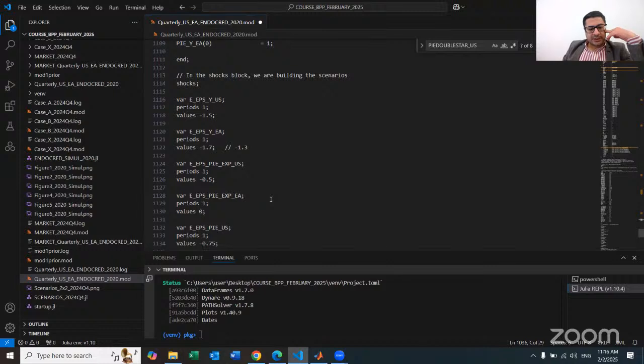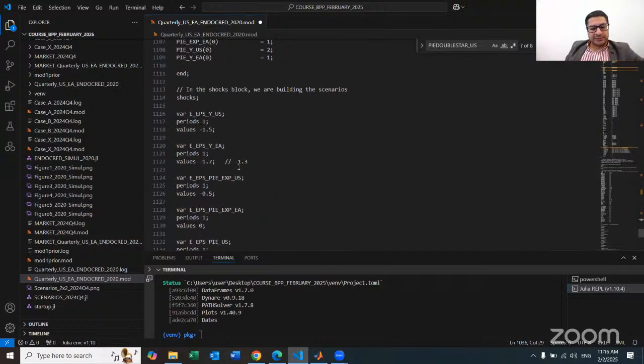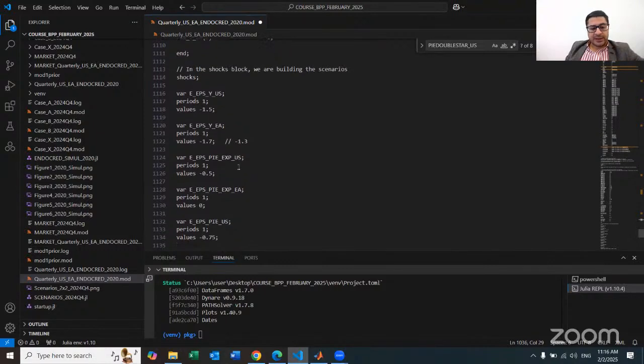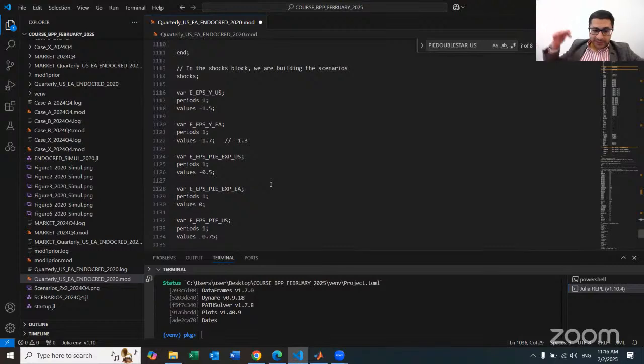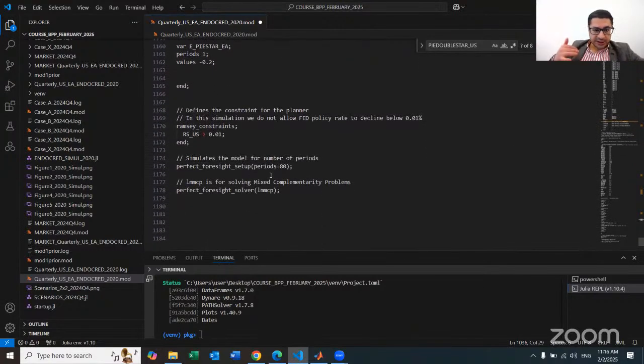Of course, we have some negative demand shocks, both for the US and the Euro area. We have some negative inflation shocks. So all this, let's then come back to these shocks when we look at the graphs.